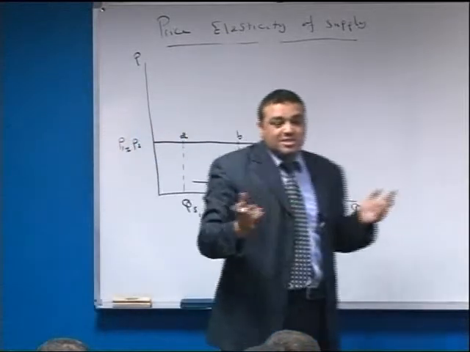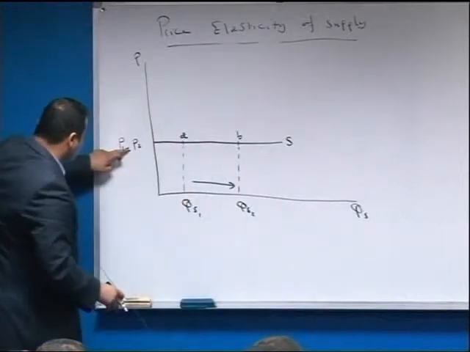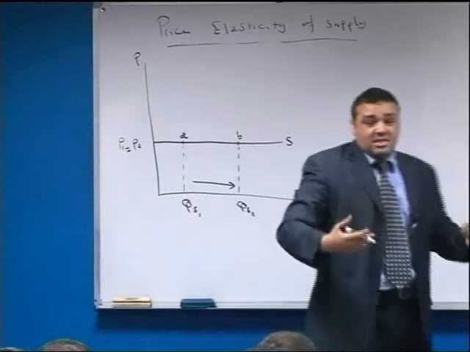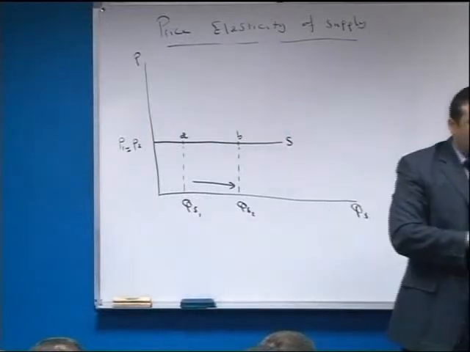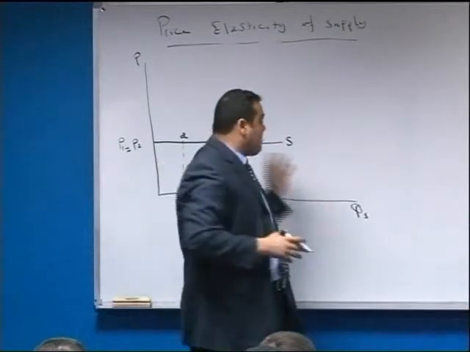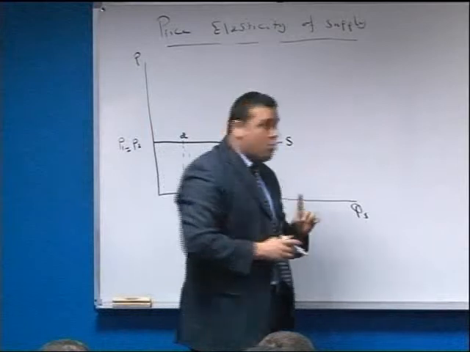Although there is no change in the price, the quantity supplied increases, and we can see this case in the very long term, right? In the very long term, supply would be a horizontal line or perfectly elastic. Why?